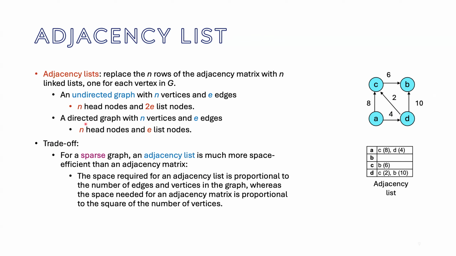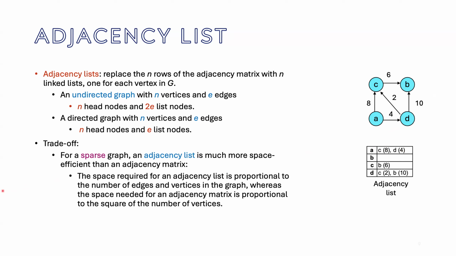And for a directed graph with n vertices and e edges, we have n head nodes and e list nodes. So if we look over here at node A, we have C and D as the neighbors, and we have these weights 8 and 4, right?